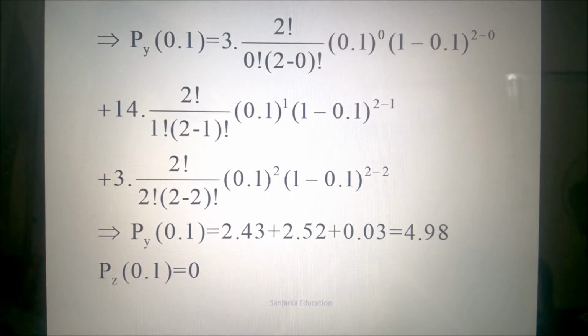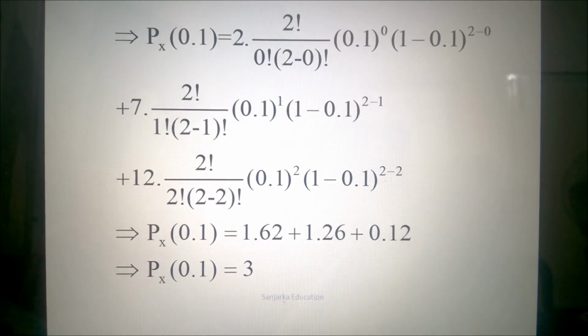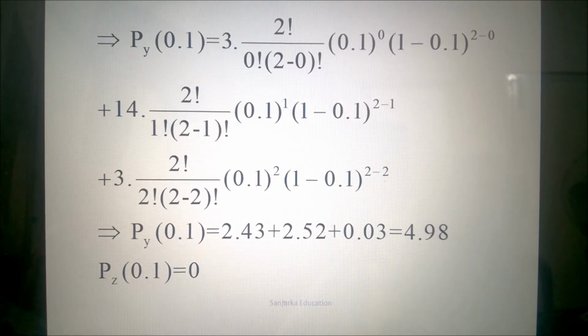Therefore, for u equal to 0.1, the x coordinate is 3, the y coordinate is 4.98 and the z coordinate is 0.